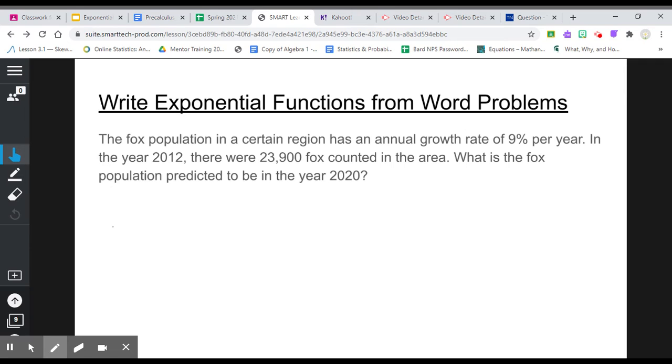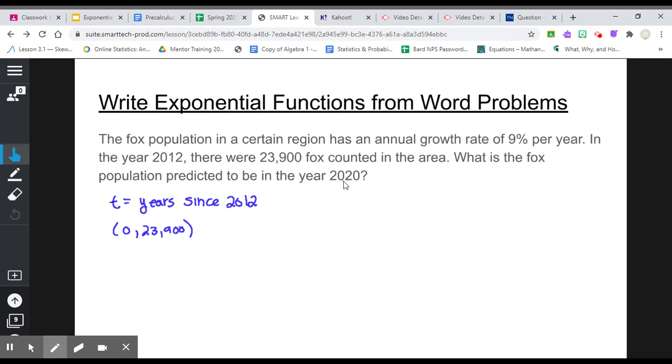So what we're going to do is we can rewrite this. Essentially we have one point, and we could let t, or it could be x, they didn't tell us what to use. We could say t is years since 2012. So in this case, our points would be 0, 23,900.